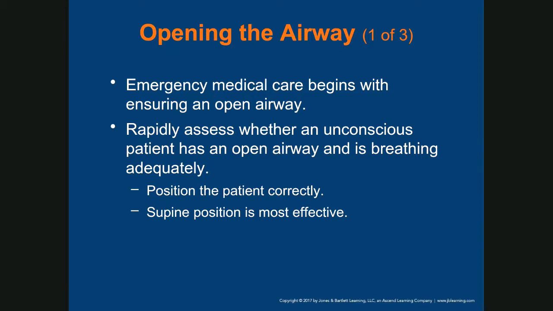And if it's patent or open, that's what we want. So if it's patent and open, the next thing that we need to determine is if the patient has good air exchange. So if upper airway is fine, you move to lower airway.